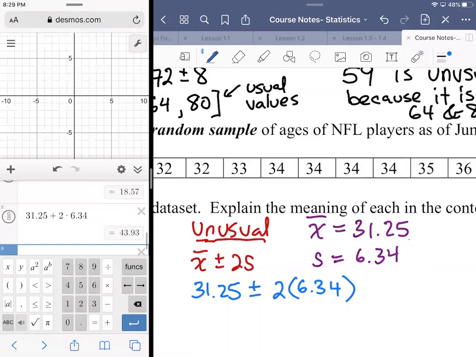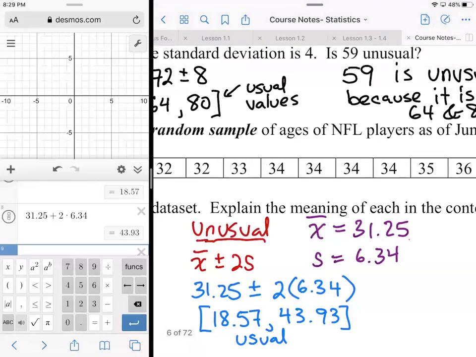So I got my two bounds. On the low side, we got 18.57. On the high side, 43.93. All right, so these are the usual values.